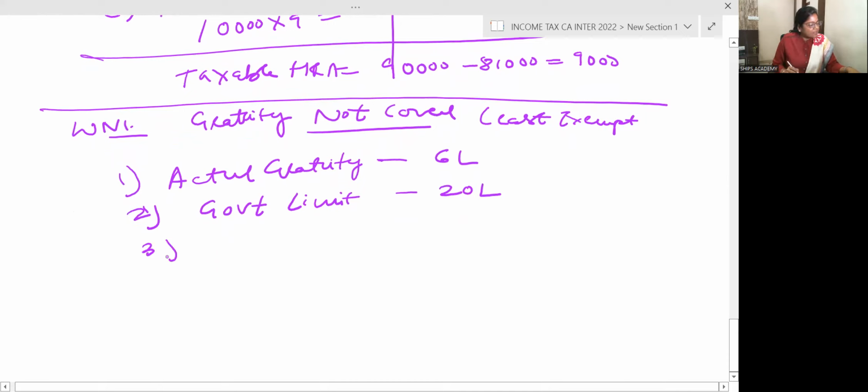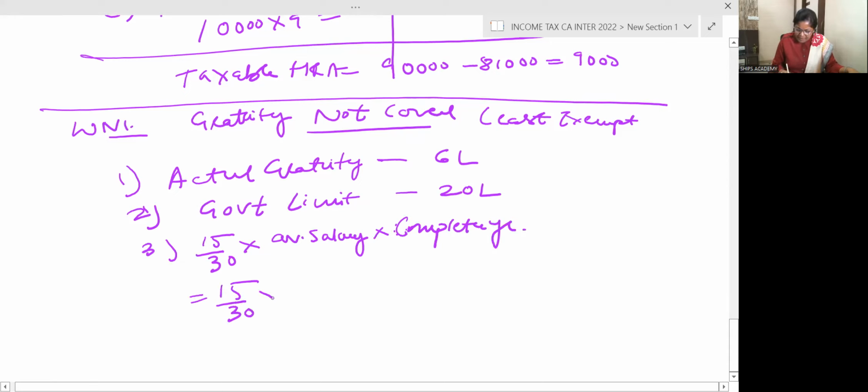Third, 15 by 30, or half month salary, that too average salary of the last 10 months, and completed years. Ignore the fraction. Completed years. So let us pick up the figures correctly.